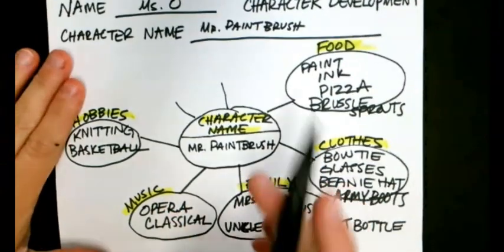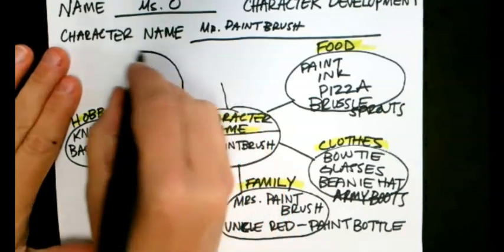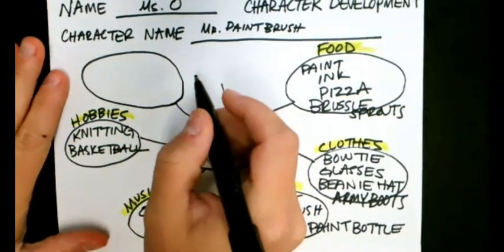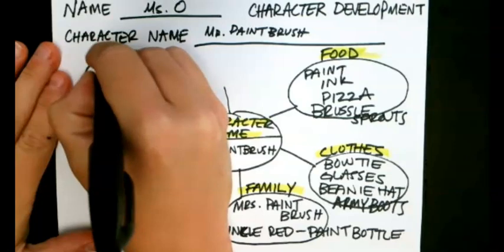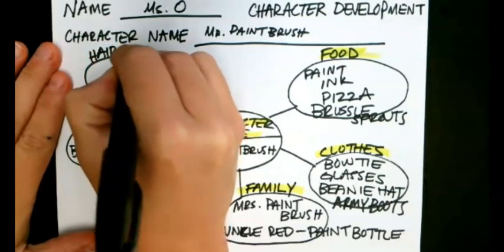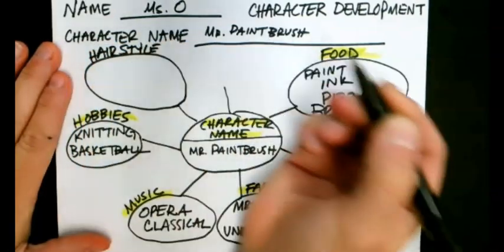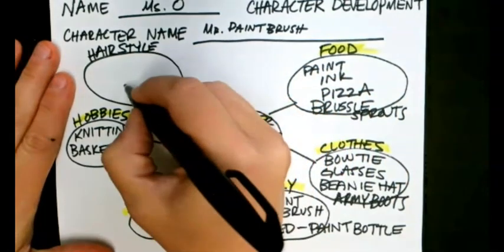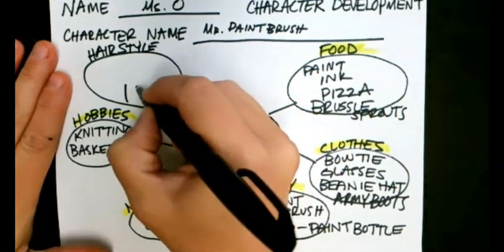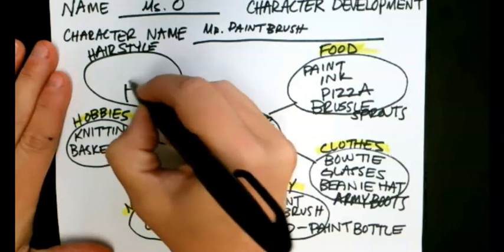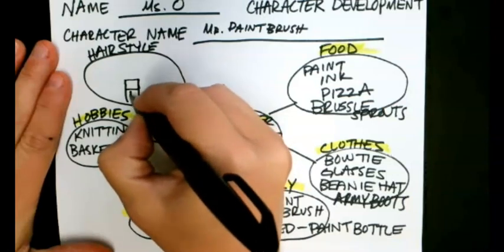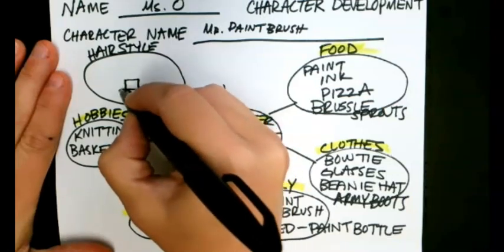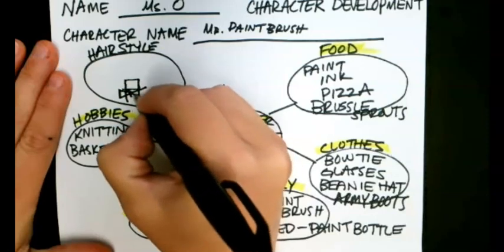The next bubble, this one is going to be a little different. So this one is their hairstyle. And you could write down, but I want you to draw their hairstyle. So maybe, you know, just their neck and shoulders. My guy here, oops, I'm making a mess is what I'm doing.